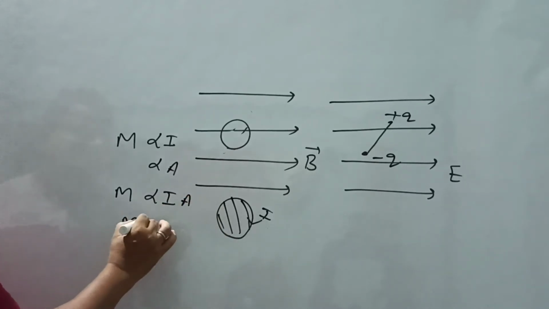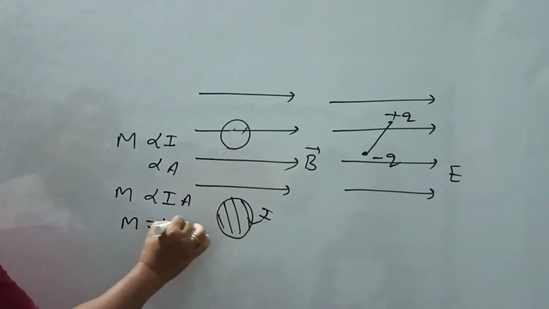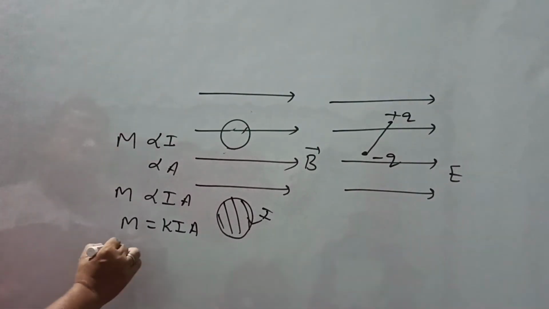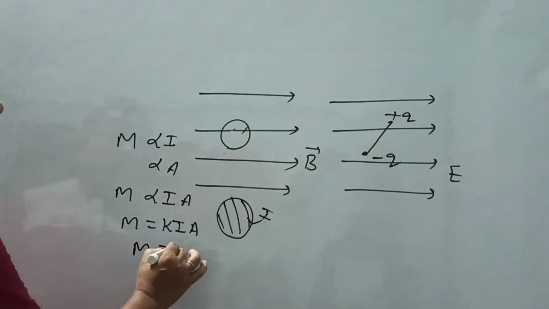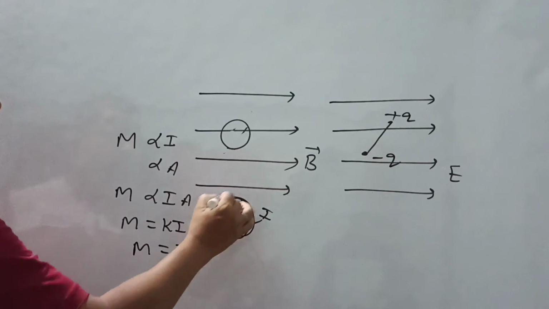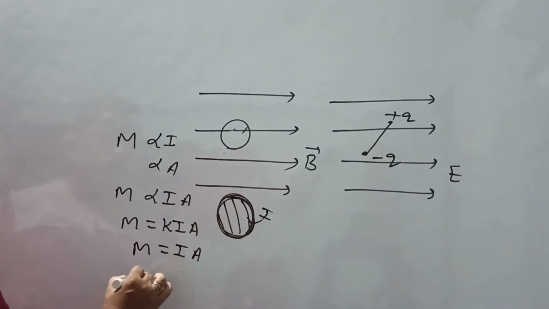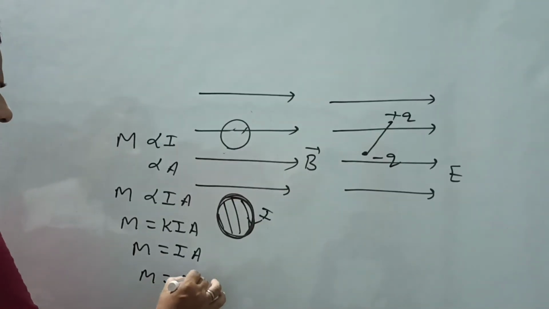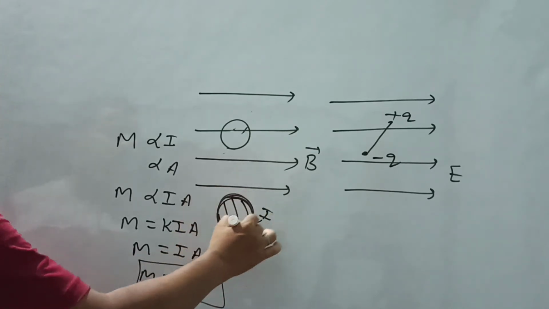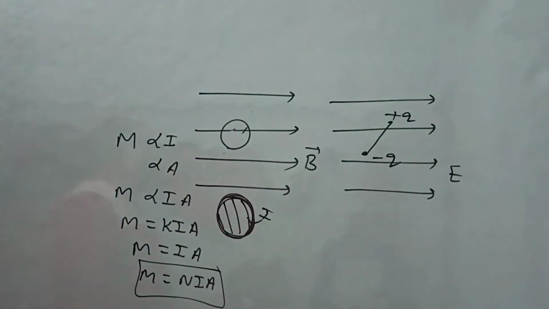A constant is there, but this constant is taken as 1 by experiment. So M is equal to I into A. But if there are N number of turns, it will be NIA. So this is the magnetic dipole moment of a current loop.